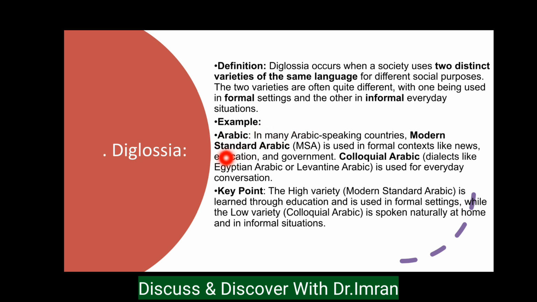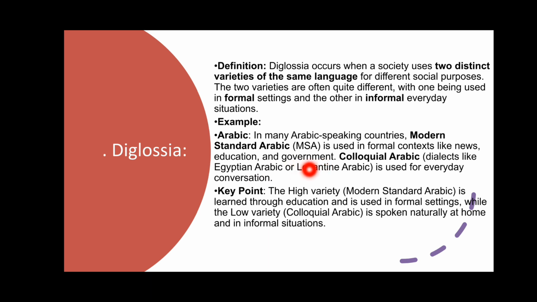For example, we have the example of Arabic-speaking countries. In many Arabic-speaking countries, Modern Standard Arabic, MSA, is used in formal contexts like news, education, and government. It is understandable to all of them.